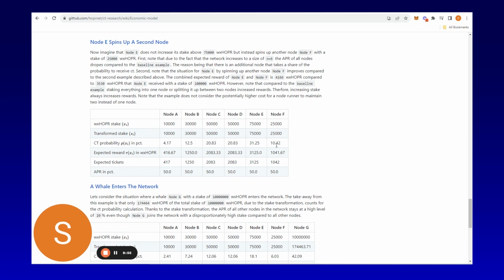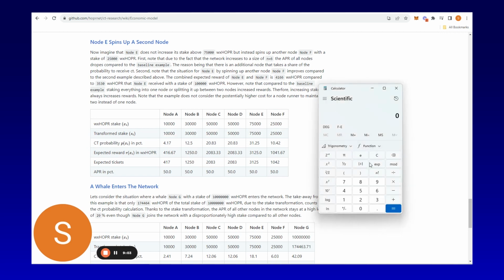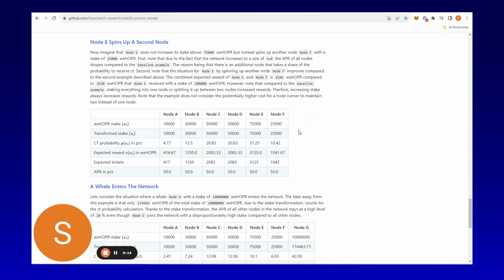So let's calculate his rewards again. He has 100,000 staked, but the network now has 240,000 on it. So his rewards would become 100,000 divided by 240,000, which is 41% of the total budget between two nodes, 31 here, 10 here.